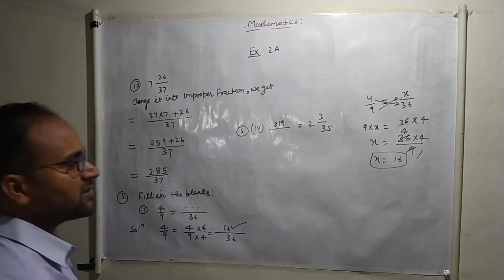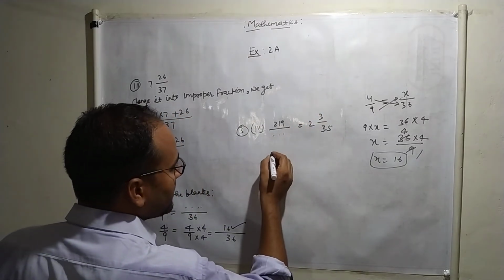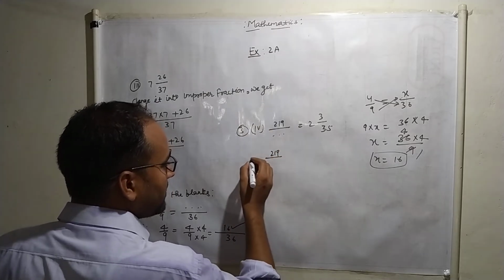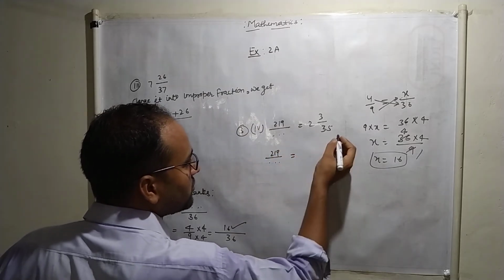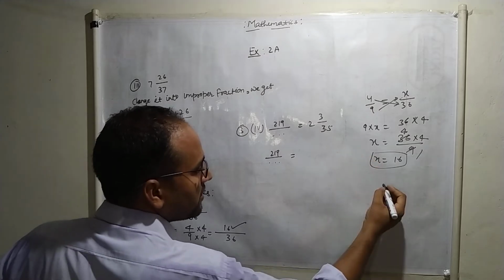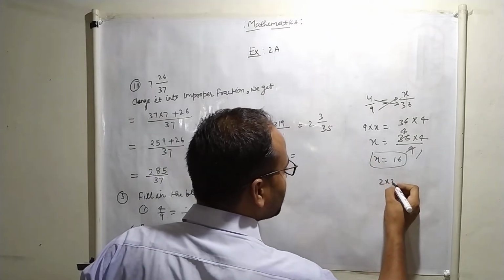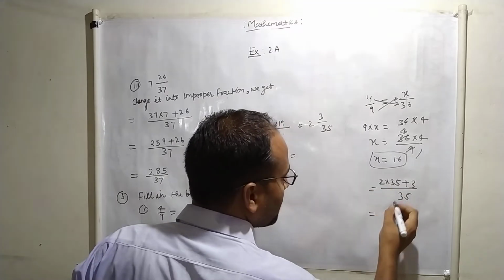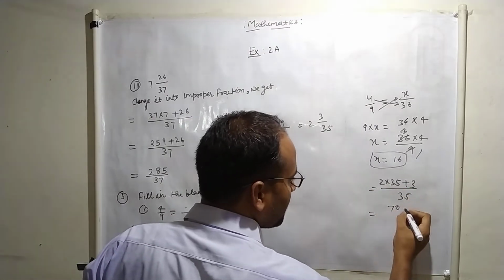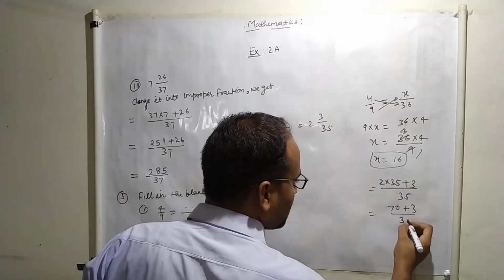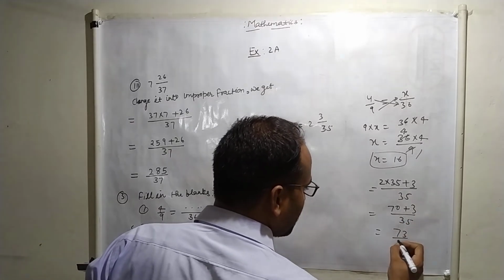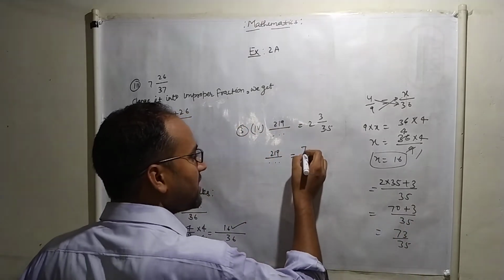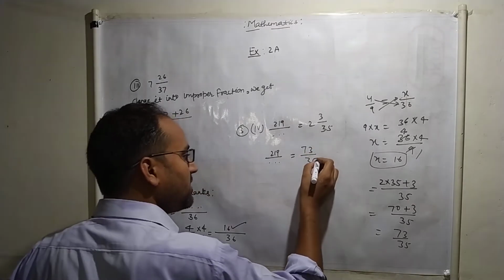So students, first you write this as it is. 219 upon dash, in our solution, is equal to: change it into an improper fraction, 2 multiplied by 35 plus 3 upon 35. So multiply this, 70 plus 3 upon 35. What will you get? 73 upon 35. So here I am going to write 73 upon 35.